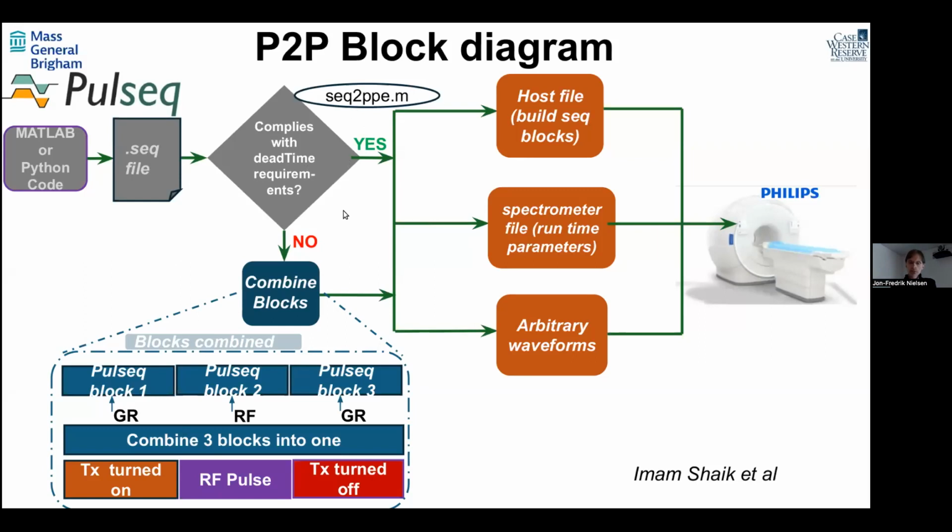To get around some of the hardware constraints, there are always going to be different constraints on different vendors. There's some internal logic that combines blocks if possible. So for example, in an EPI sequence, it would generally not be possible to put each echo right next to each other. But if you combine them in an intelligent way, you can do that. So this conversion takes care, and the interpreter takes care of that mechanism for you.